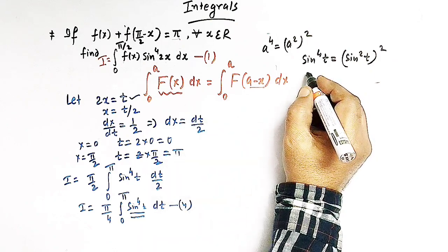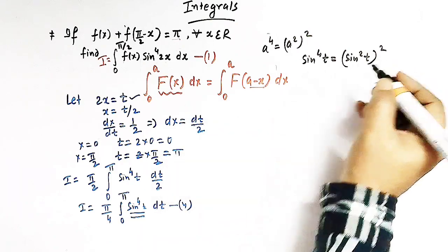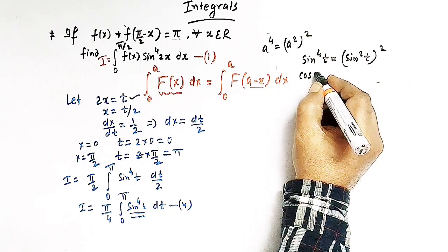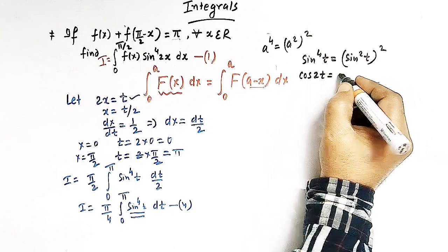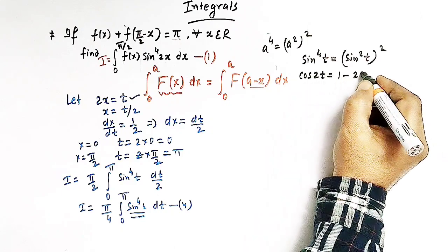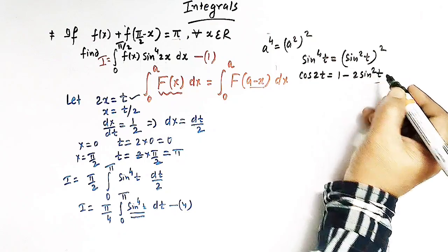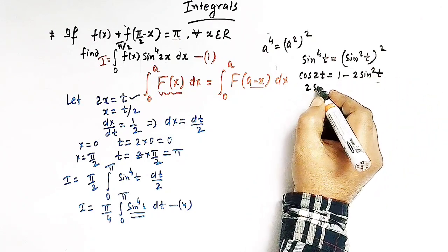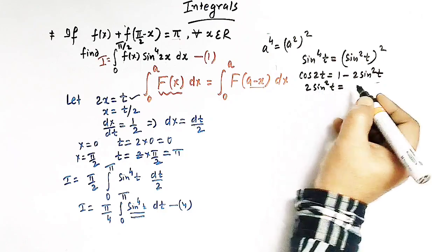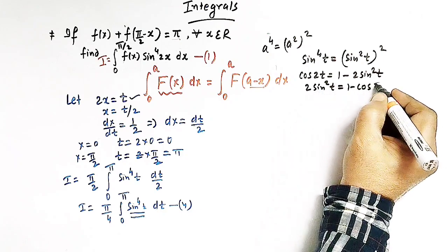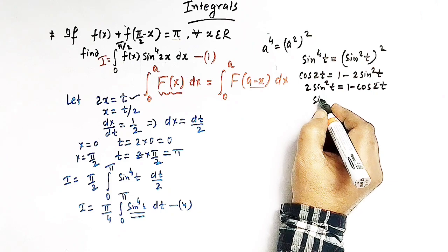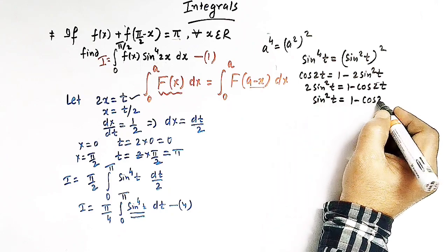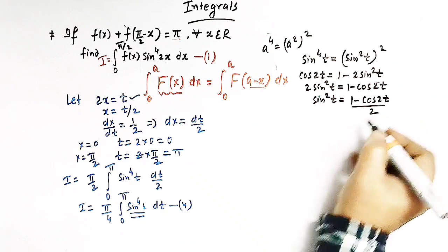Let us make use of the double angle formula for the cosine function, that is cos 2t is given by 1 minus 2 sin²t. If we rearrange the terms, then we get 2 sin²t is equal to 1 minus cos 2t, and sin²t is equal to (1 minus cos 2t) divided by 2.